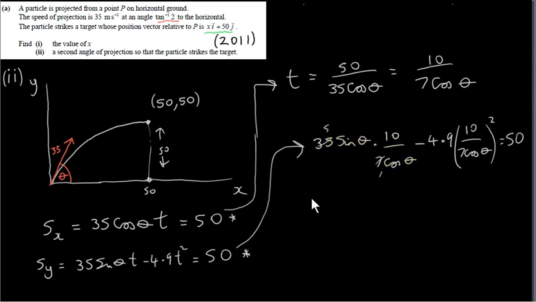So what we get here is 50 times sine theta over cos theta, so we get 50 tan theta. Now, in the denominator we have 7 squared, which is 49. 4.9 over 49 is 1/10. In the numerator we have 10 squared, which is 100. So we have 100 divided by 10, which is 10. And in the denominator we have cos squared theta.